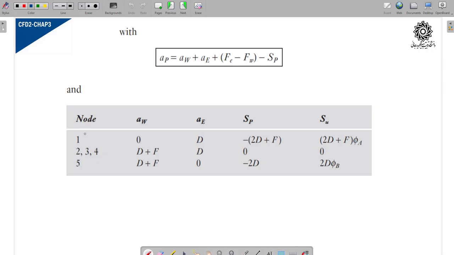Therefore, for node 1, a_W equals 0, a_E equals D, and S_P equals and S_U equals.